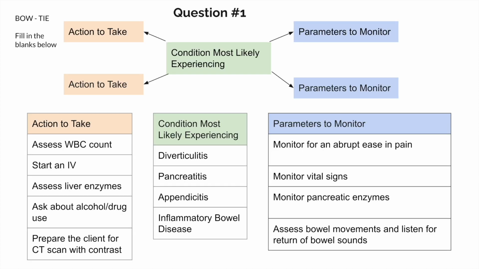So the first question here is one of the Next Generation NCLEX types of questions called a bow tie. So you'll select two actions to take, one condition that they're most likely experiencing, and two parameters to monitor. So I'll give you guys a couple seconds to write down your answer. We'll go through, I believe, 4 questions today, and then the answers will follow, but we'll go through the questions first.